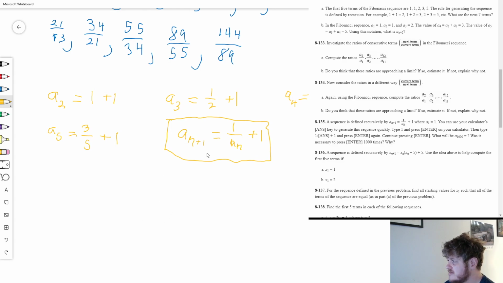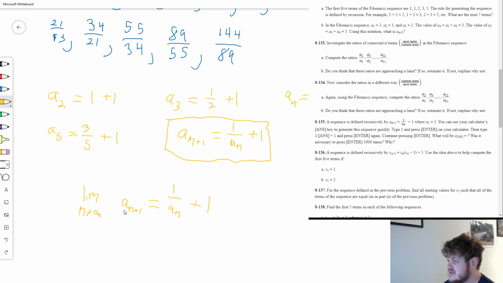So when we do this, since it's approaching something, we could take the limit of it. A sub n plus 1 equals 1 over A sub n, plus 1.